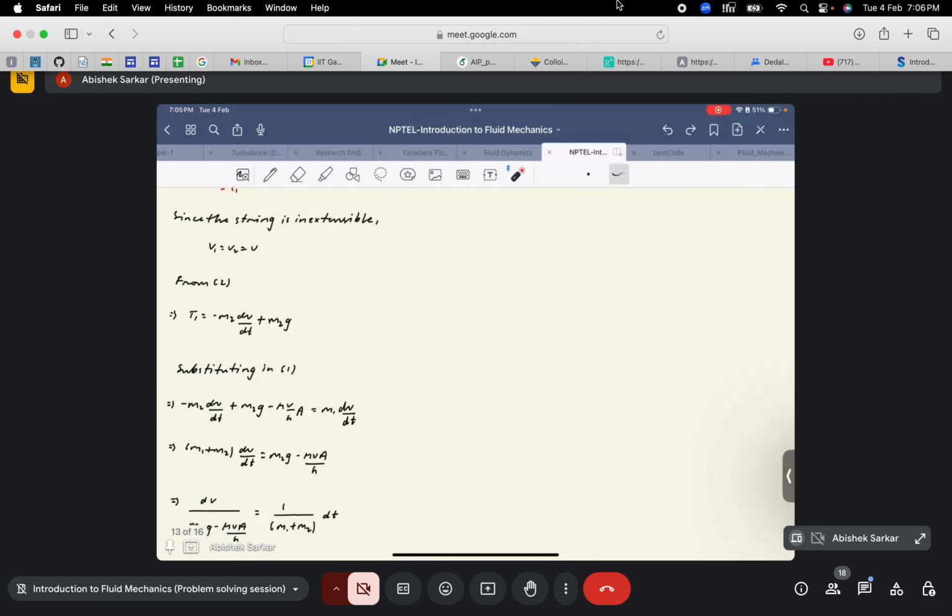There was a very interesting case described by Prof. Chakraborty: what about the steady state case? I'm saying that velocity can vary with time, but if the problem reaches a steady state, where the frictional forces because of the viscosity and the motion of this string balance each other at some point, then the velocity will reach a constant value. In that case, from this expression, dV by dt would be equal to 0. Then m2 g would be equal to mu V A by h.